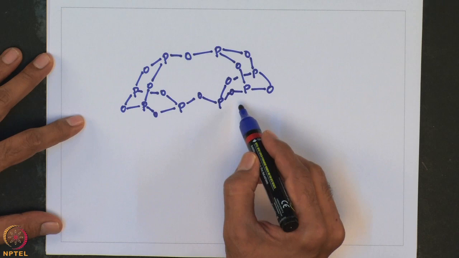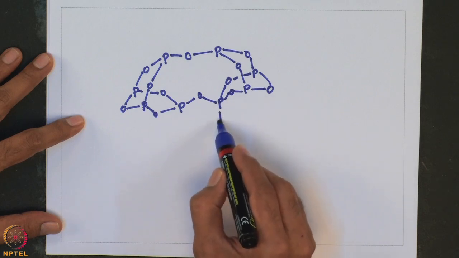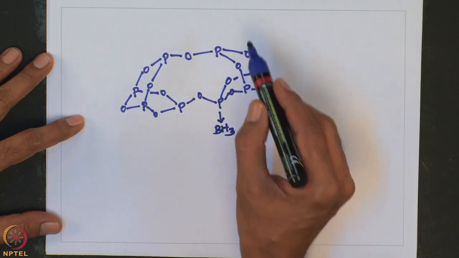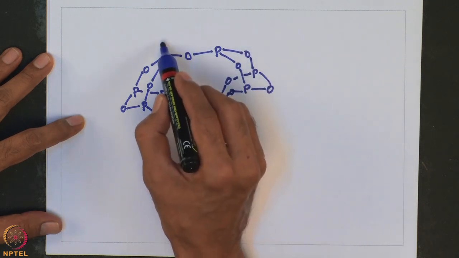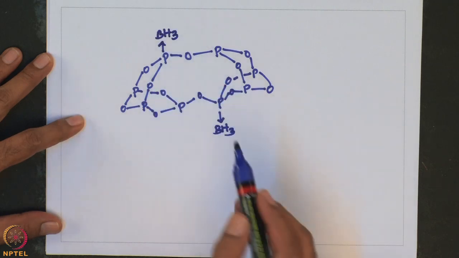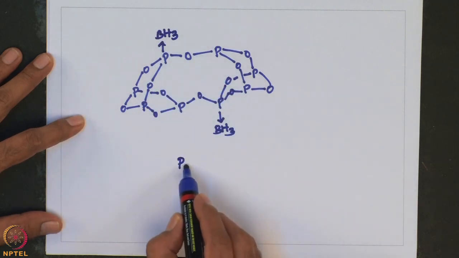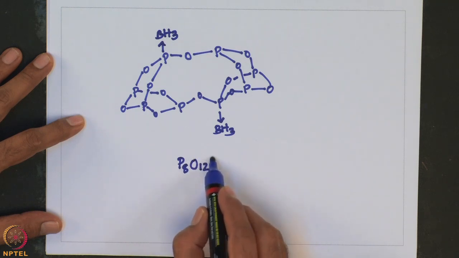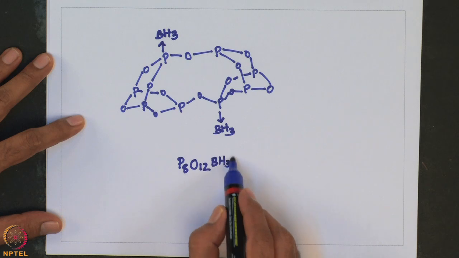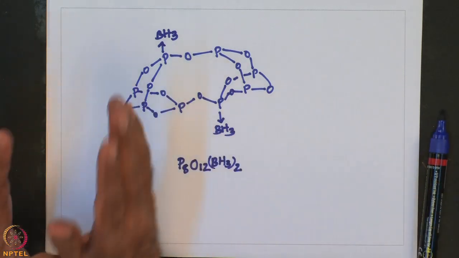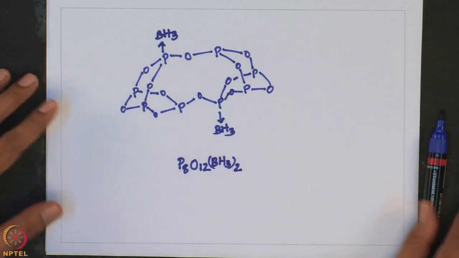So, now this phosphorus lone pair is donated to BH3. Okay. So, this is P8O12 with BH3 twice. Okay. So, this was crystallized in toluene solution at 244 K.